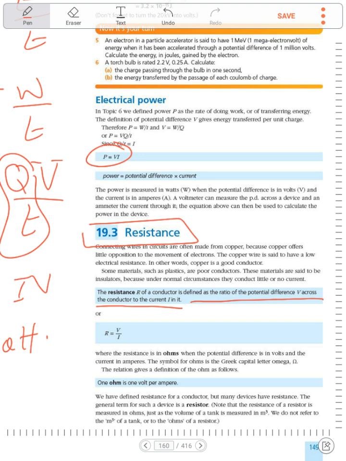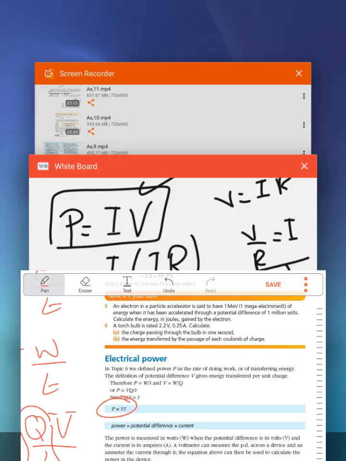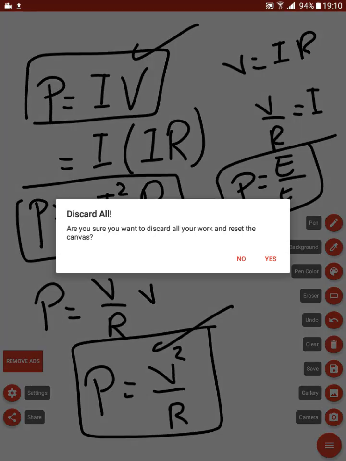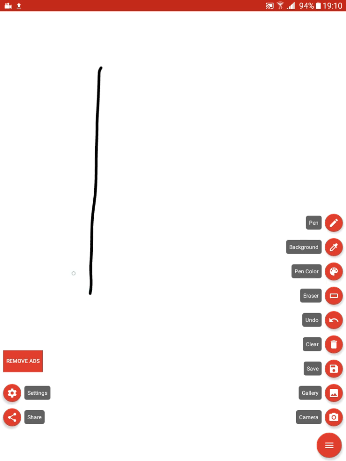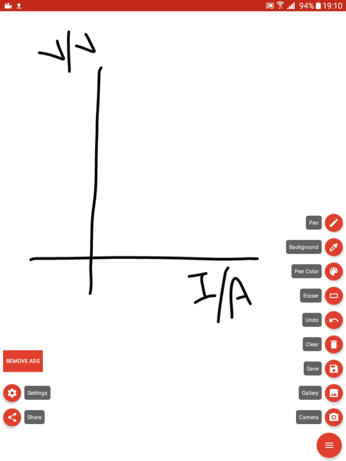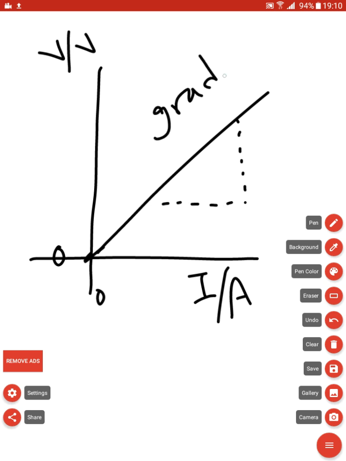Now, if we draw the relation between voltage and current, we have here X and Y. Here we have the volts, and here we have the current. So we have a straight line between voltage and current. This line passes through the origin. If we want to find the gradient of this line, this gradient equals the amount of resistance.